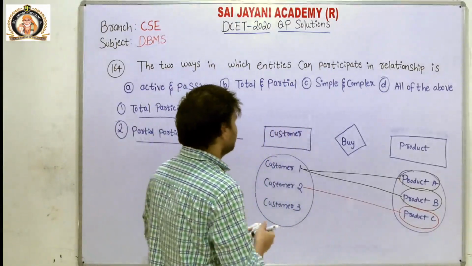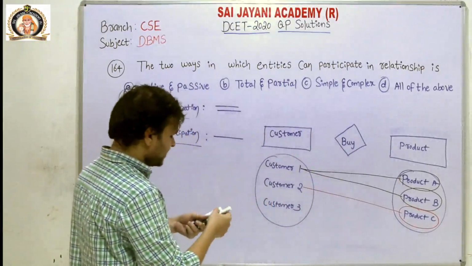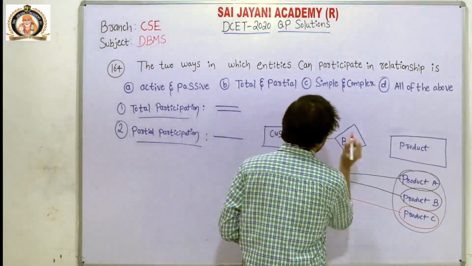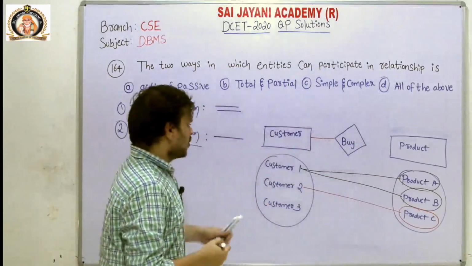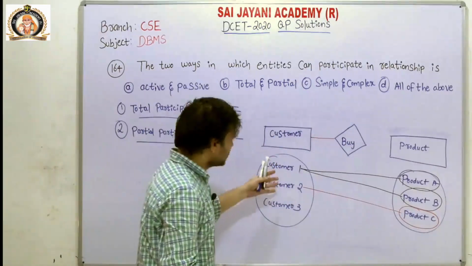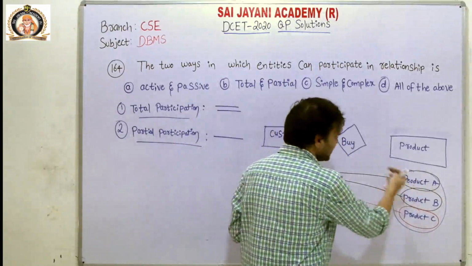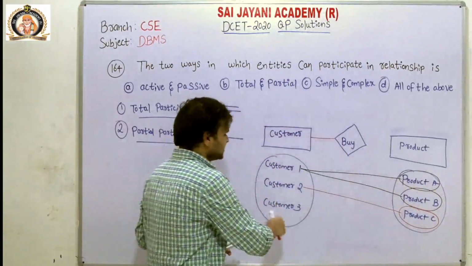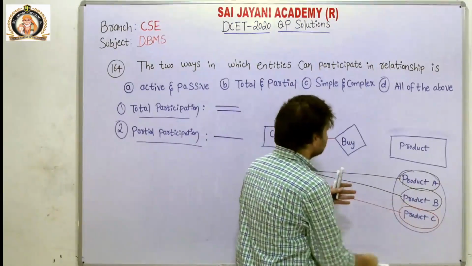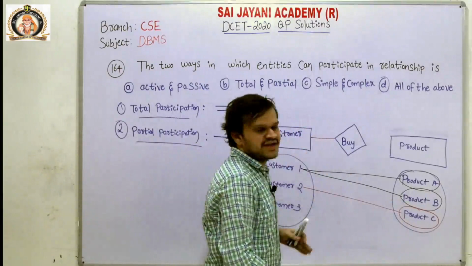So the customer buy relationship is indicated by single line. Why? Because out of three customers only 2 customers are buying the product, and the customer 3 is not participating in any relationship called buy. So this is indicated by single line.